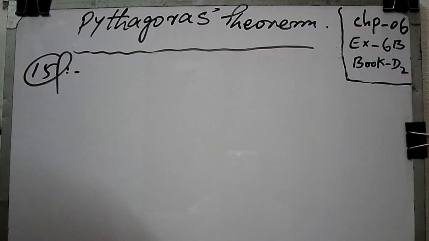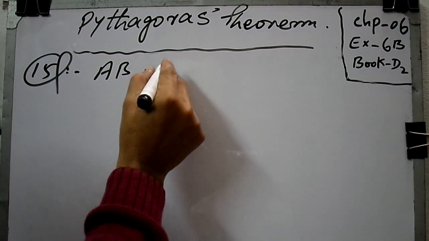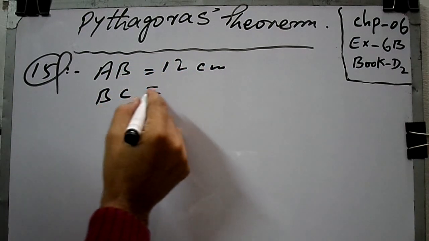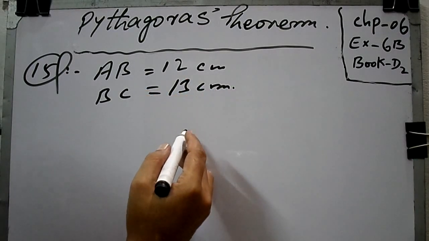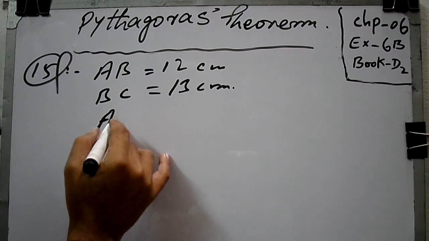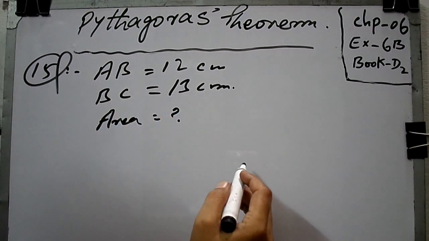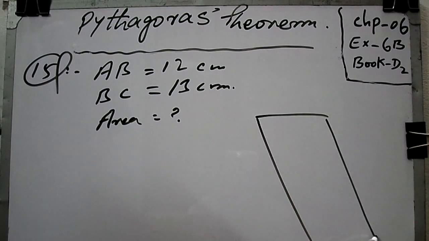So first of all, you have to draw the diagram and write the data. BC is given to you, that is 13 centimeter. Find the area of the parallelogram.